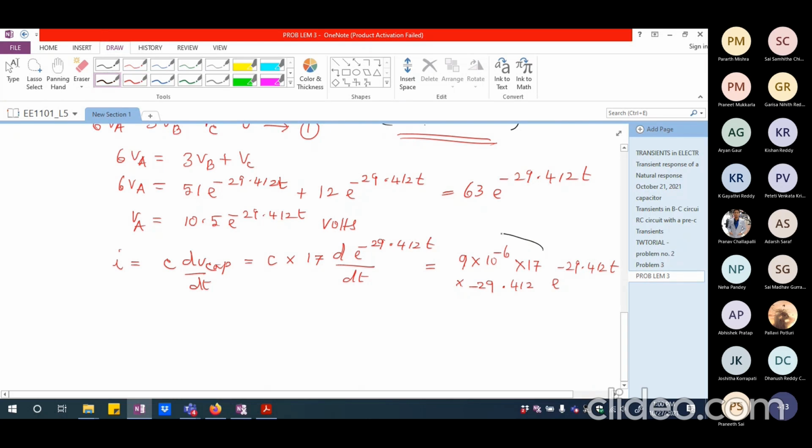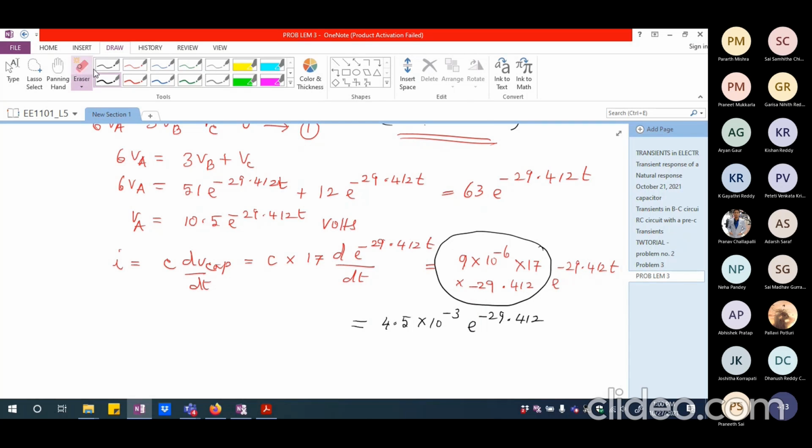This is the exponential function which we are getting, which means I'm getting minus 29.412 multiplied by 17 multiplied by 9 multiplied by 10 power minus 6, the entire thing, which comes out to be actually 4.5 multiplied by 10 power minus 3 into e power minus 29.412.